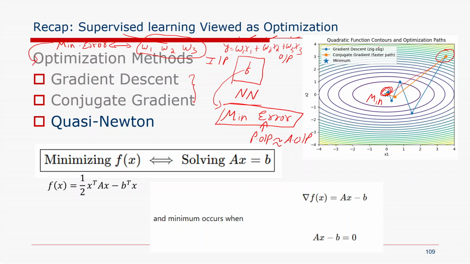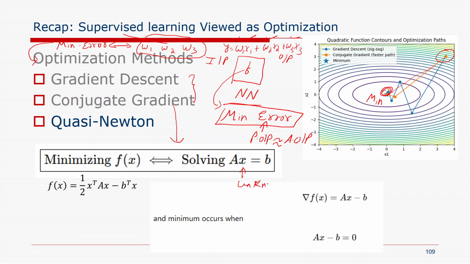We'll look at why it tries to converge faster, what direction it is going to take, and what the algorithm for the conjugate gradient is. In the conjugate gradient, we have to solve the equation Ax equal to b, where x is the unknown.